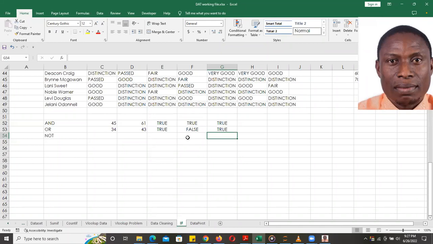Let me explain OR in layman language. There's no one that wants to buy anything at a higher price. If you want to buy something, let's assume in a supermarket, you see the same product with different prices, you always pick the one that suits your pocket.